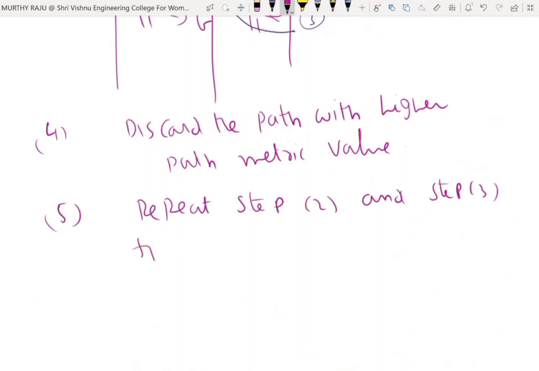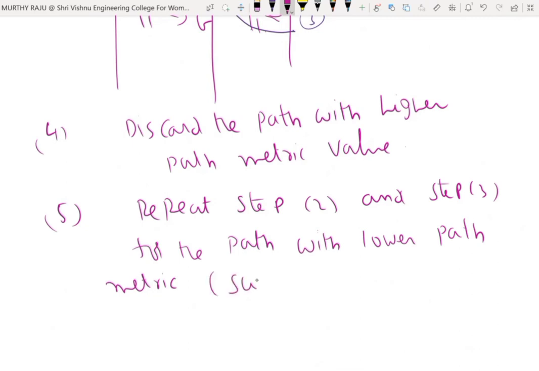for the path with the lower path metric. That means survived path.